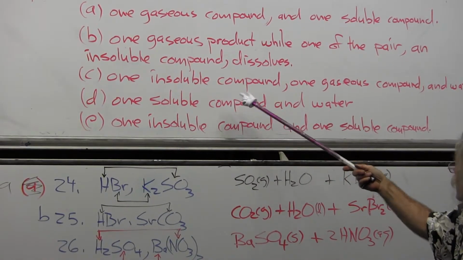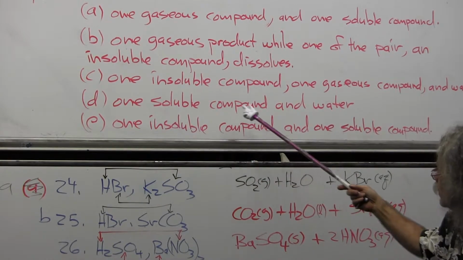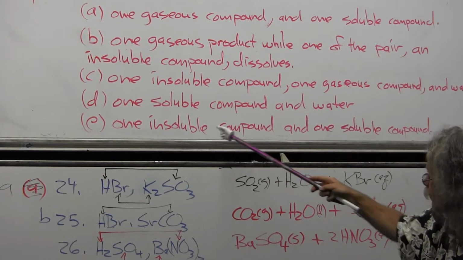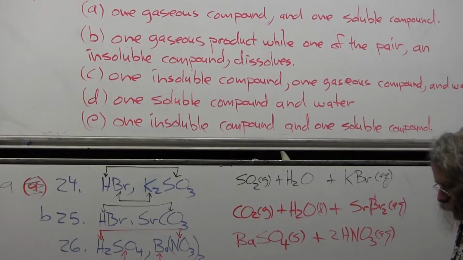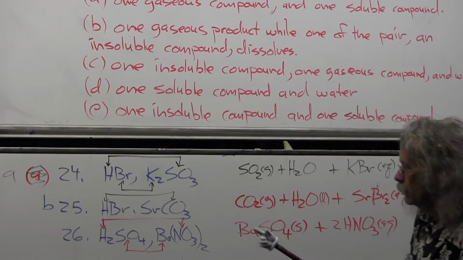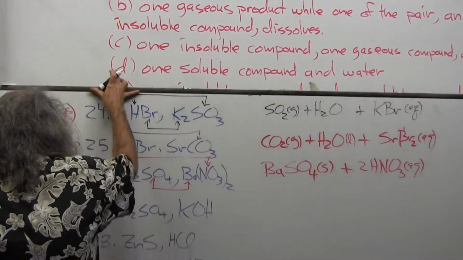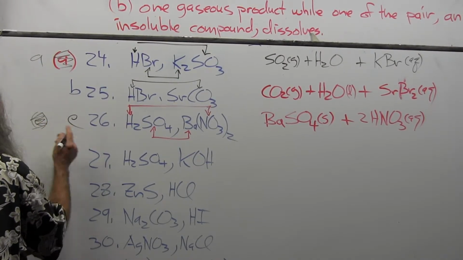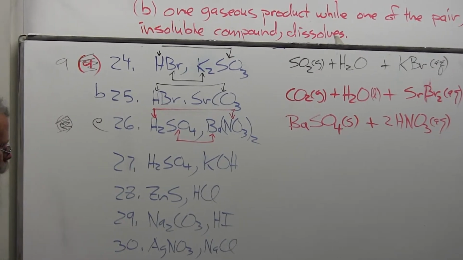C, 1 insoluble compound, no gas there. D, 1 soluble compound in water. Well, no, I don't see that. E, 1 insoluble compound and 1 soluble compound. So this would best be described by that option. So on your Scantron, you fill in a little bubble for E, and on the test you'll write a little hard copy E by that problem.